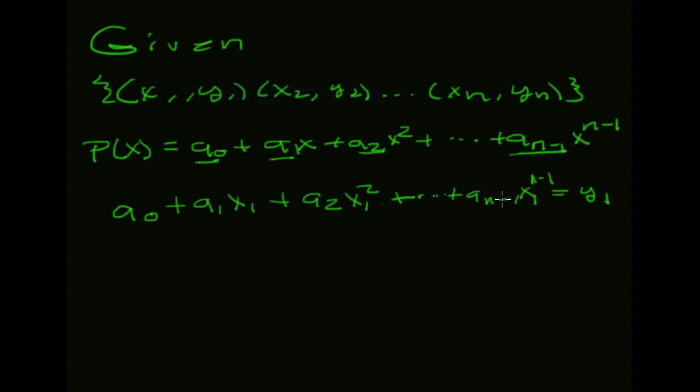Now, it feels like that's a polynomial equaling y1, but it's not, because x1 is given to us, which makes these constants. And in fact, the a's are the variables in this equation that we're solving for. So a second equation could be made with the second point.